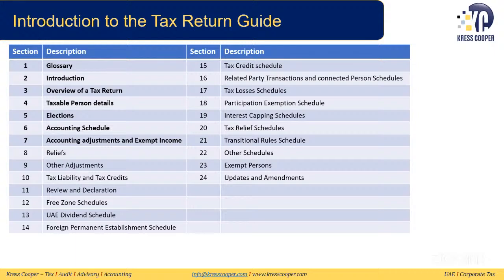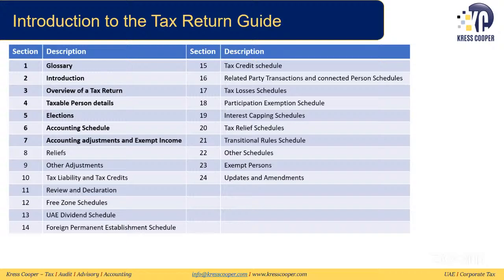But as you see, there are a lot more portions in this guide, because it relates to specific schedules which are part of these portions in the return. Wherever you're filling the return and it is applicable to you, the schedules will pop up there. In the guide they have given the schedules at the end, so that if one is applicable to you, you can look at it. For example, for the free zone person, there are some schedules to be filled.